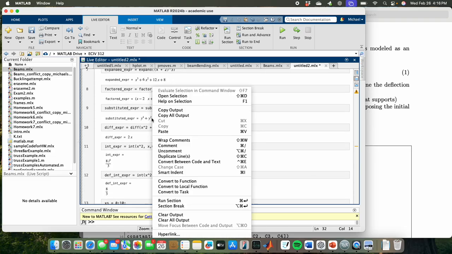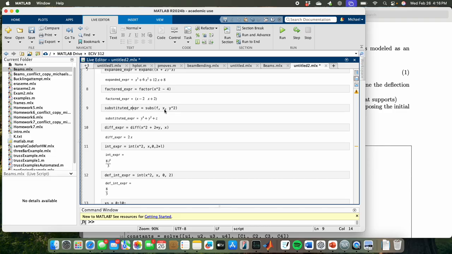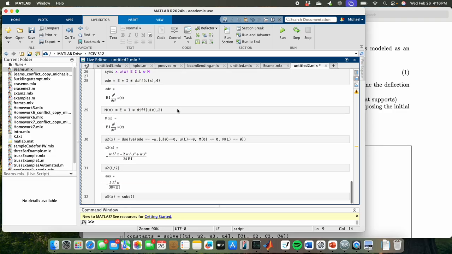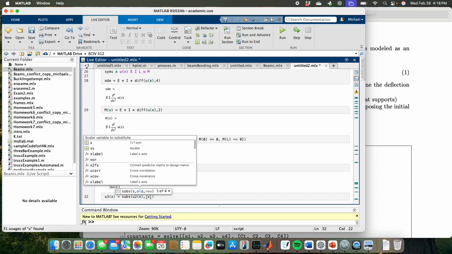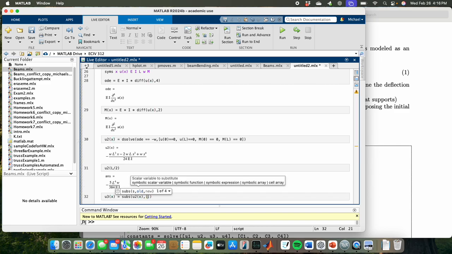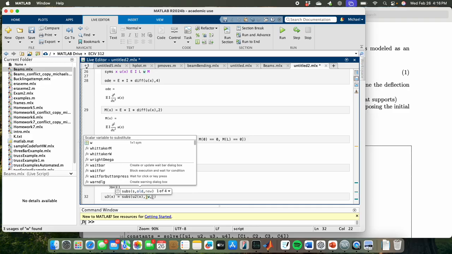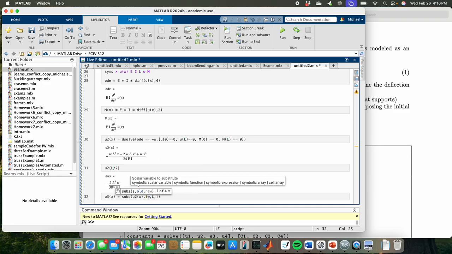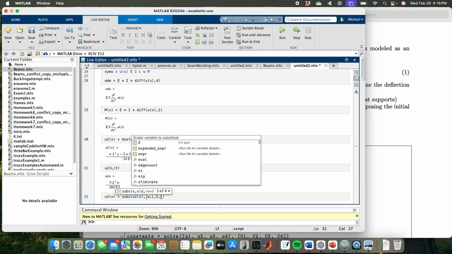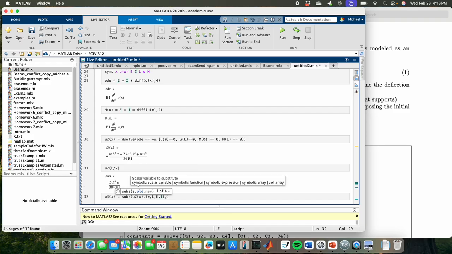Subs. You put the function, what you want to sub in, and then that. Yep, and you can do that as a thing. So I want to go subs U2 function of x. Right in there, I'm gonna shove in W, L, E, I. You put it in square braces like that, and then you say which one you want.